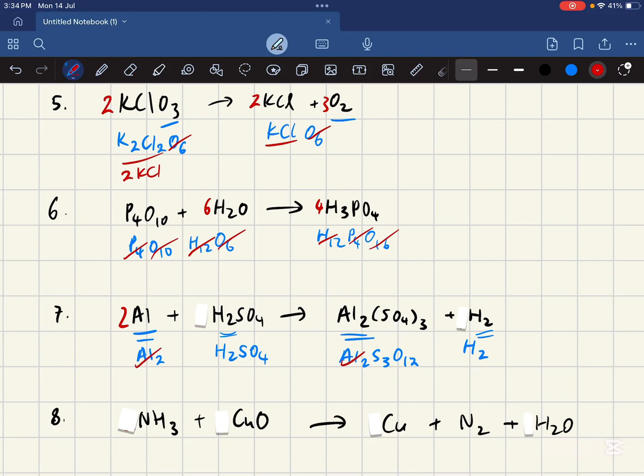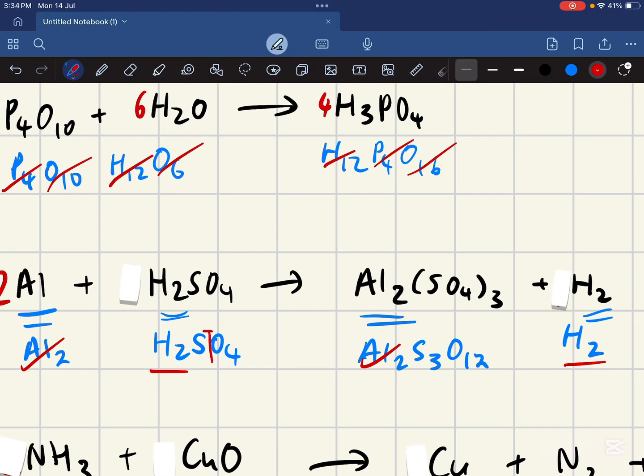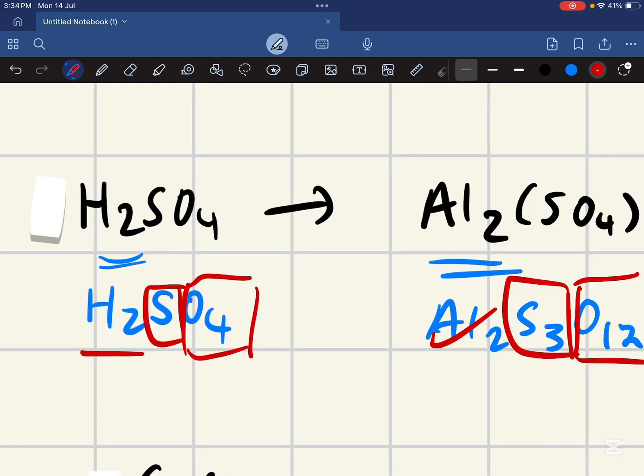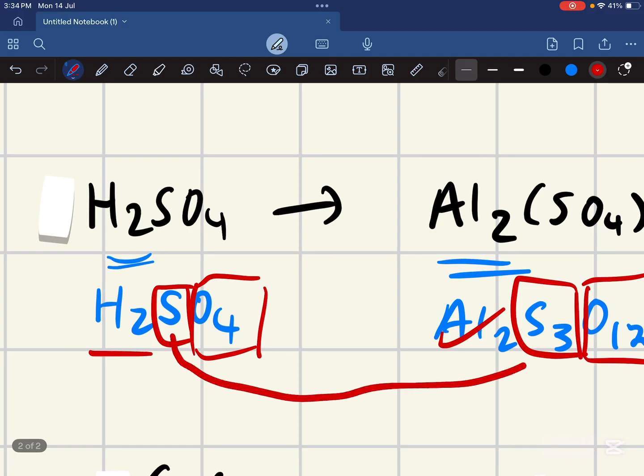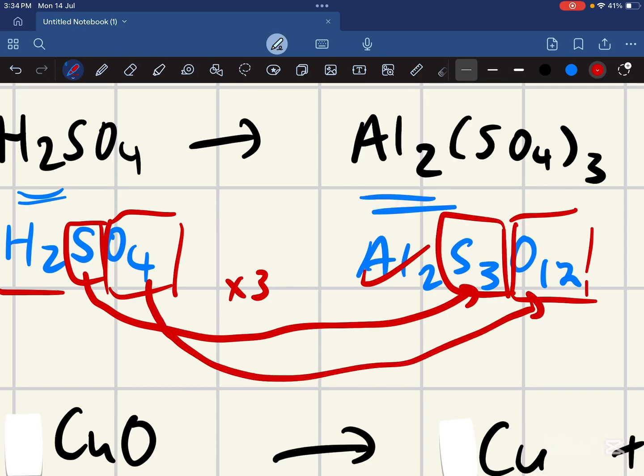So we can firstly mark our Als as done. And let's see. There's a H2, a H2. We can mark them, but the S and the O is nowhere done. However, from S to go to S3, we need to multiply by 3. And for the O4 to go to the O12, we also need to multiply by 3.